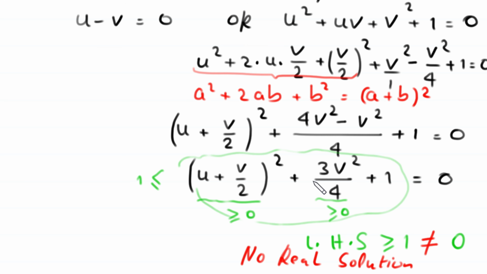So we move on to this case when u minus v equal to 0. If we move this negative v to the right hand side, this implies that u is equal to v.